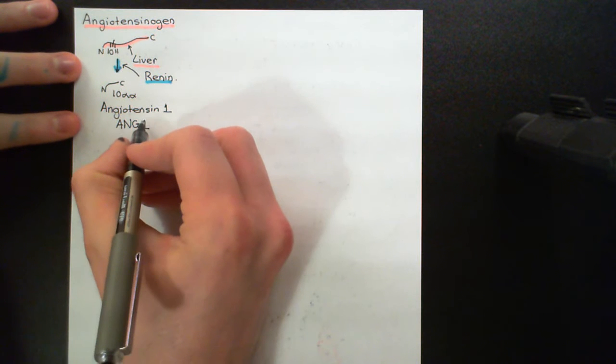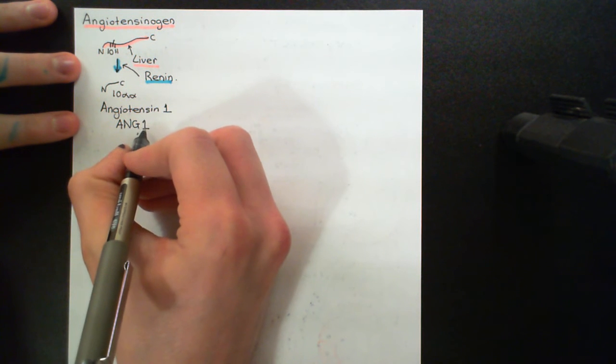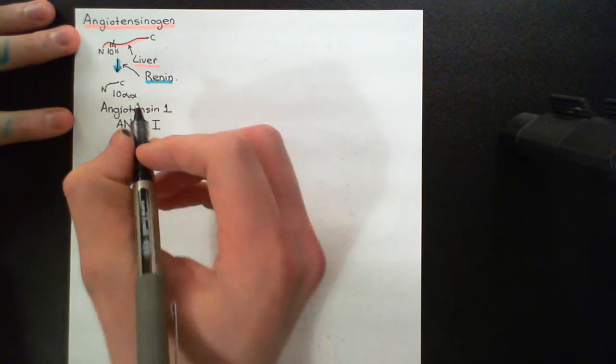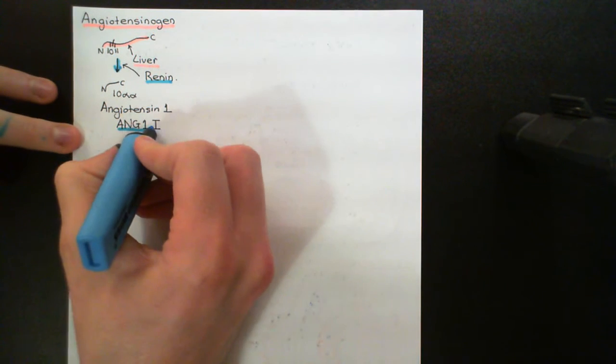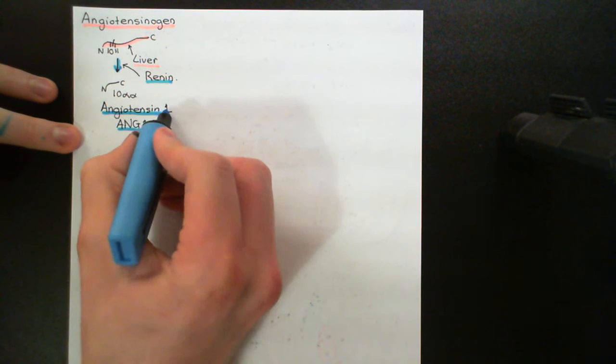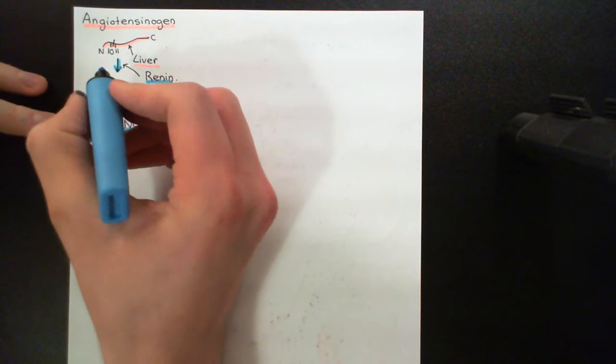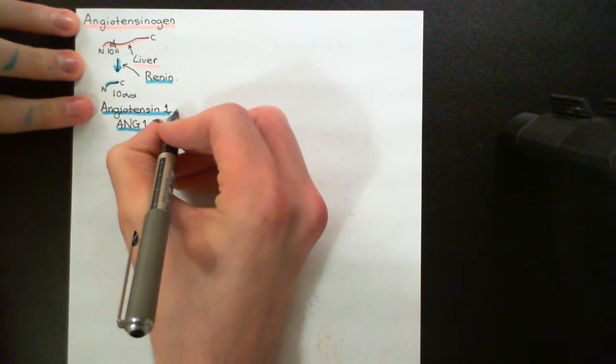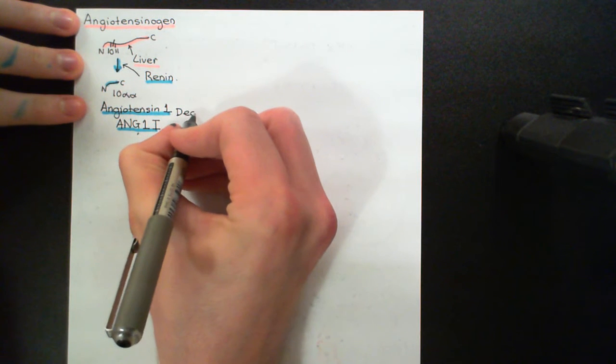And often you use Roman numerals rather than the more normal numbers, so you can put an I like that for 1 instead of putting the number 1, but either would be understood. Okay, so this is angiotensin 1, this decapeptide of 10 amino acids. And by the way, when you put a-a like that, just in case anyone doesn't know, that means amino acid. Okay, so we can describe angiotensin 1 then as a decapeptide.